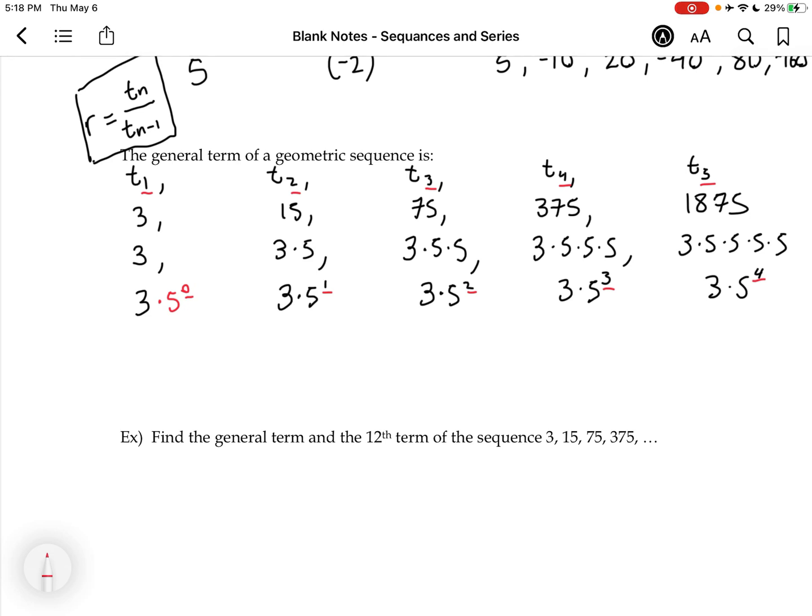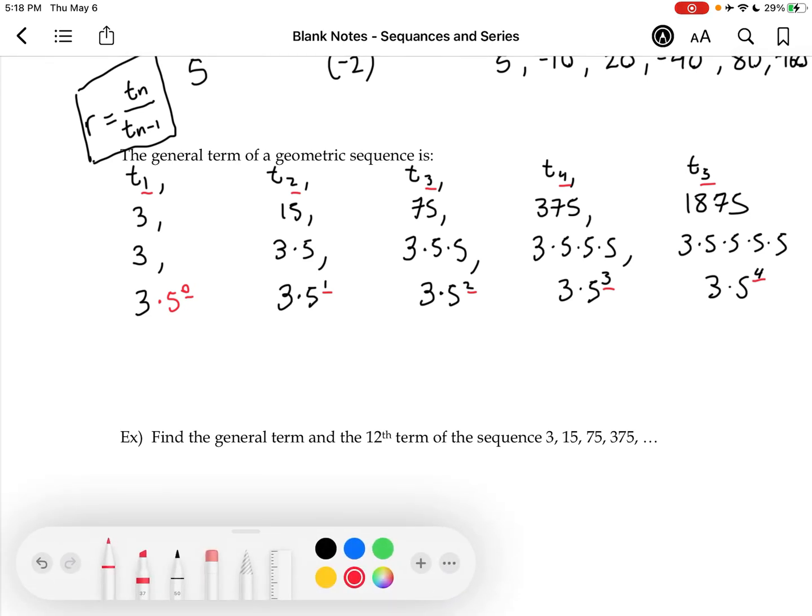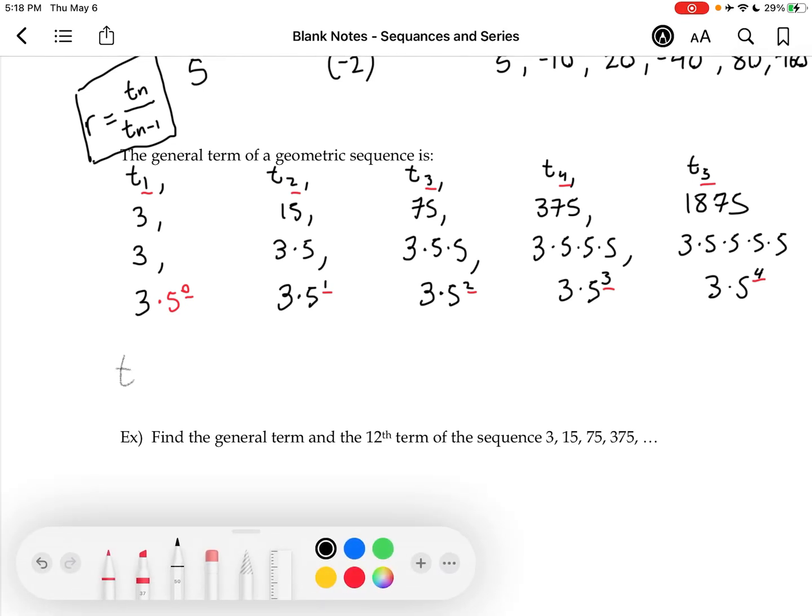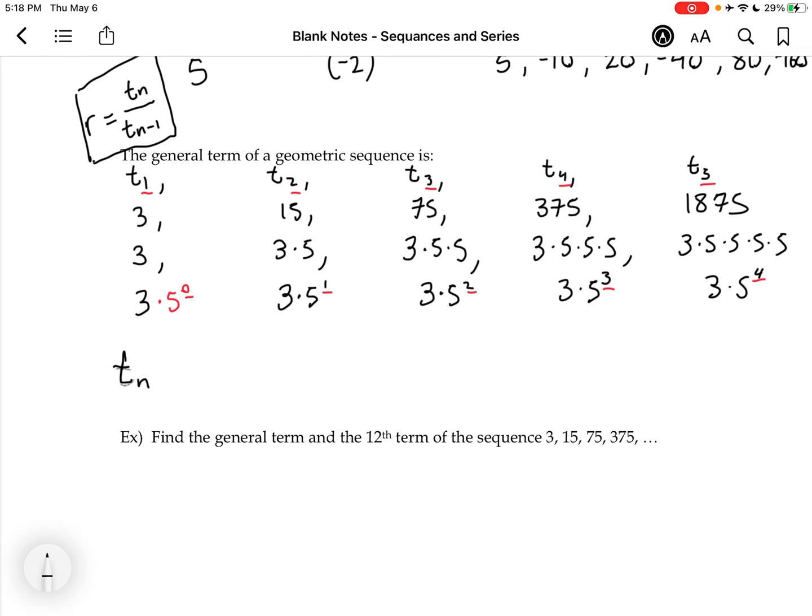So the general term, Tn, is always going to be the first term times the common ratio, 1 less number of times than the term number.